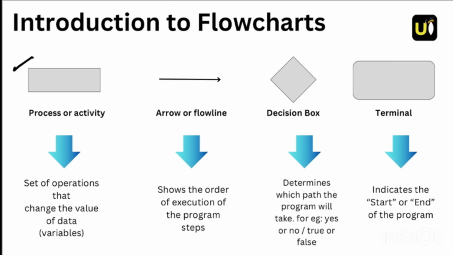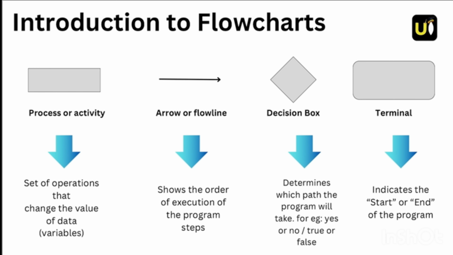When you're counting, the count is first 1, then it changes to 2, then 3. This count is a variable because it keeps changing. So the process box is used for defining variables, things that keep changing.